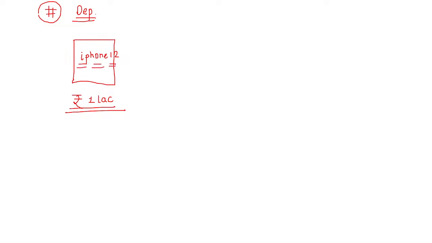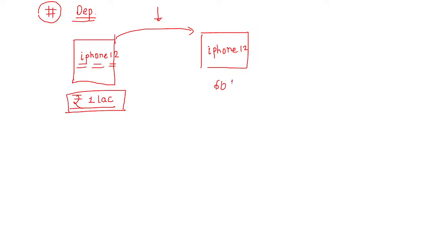So look here, students, in the market each and every day new devices come in, right? And whatever models were previously launched, those prices get reduced. Correct? iPhone 12's price was 1 lakh rupees when it got launched. Now the same phone, same model, is suppose 60,000 rupees.